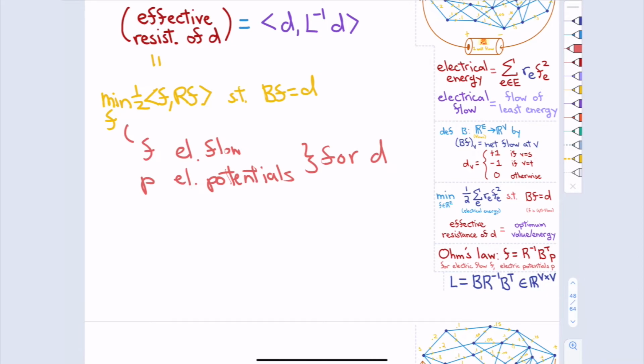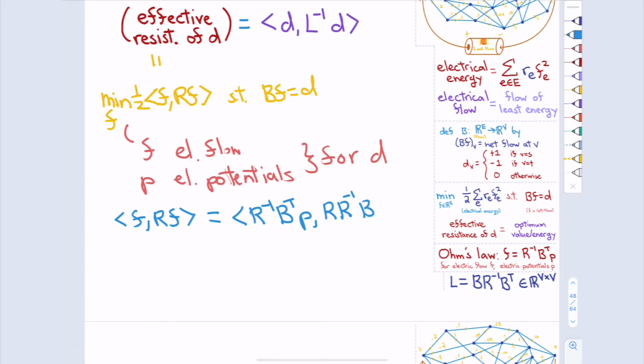All right, so from what I can tell, we just start plugging things in. So we start with this. This is the effective resistance of D. And we start plugging in this thing for P. So this P makes life very easy. Okay. So I've just plugged things in.